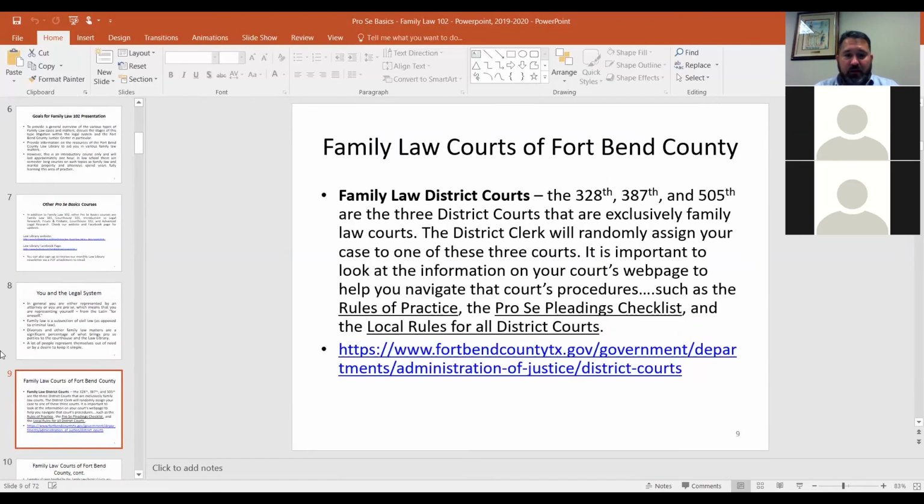There are 3 family law courts, but they're served by 6 judges, because each elected judge also has an associate judge assisting them with their docket. Those associate judges can basically do almost anything that the regular judge can do. It's a recognition of how busy these dockets are to have 6 full-time judges handling those things.